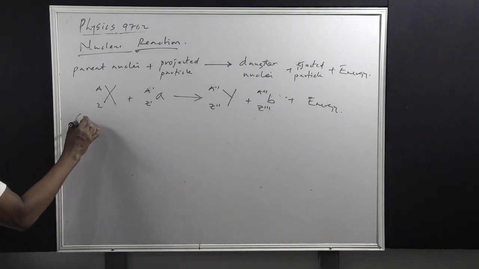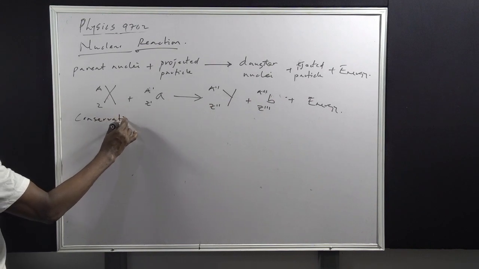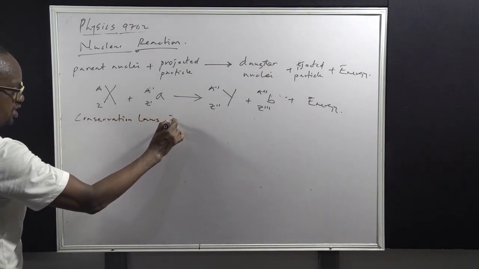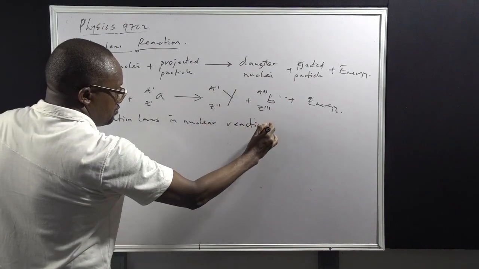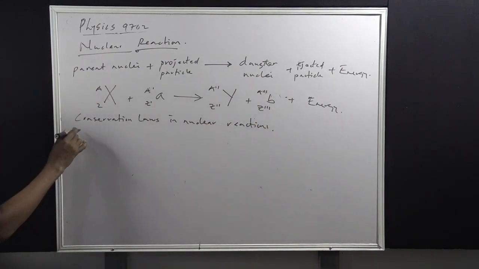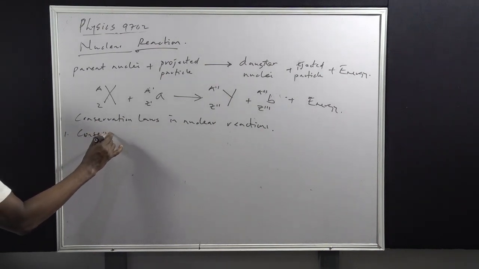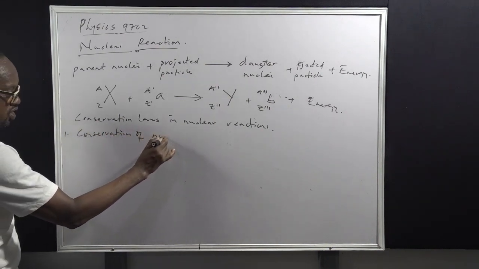Now let's look at conservation laws in nuclear reactions. Number one is conservation of nucleon number.